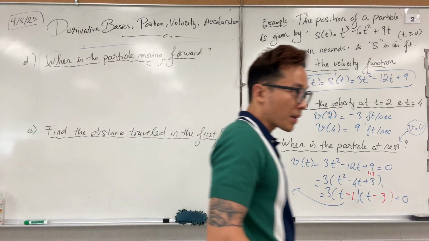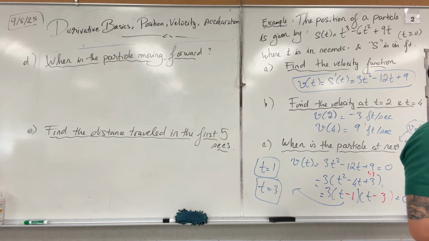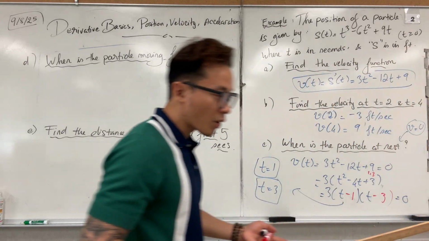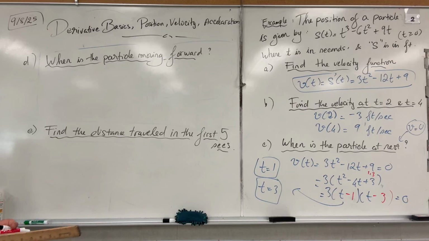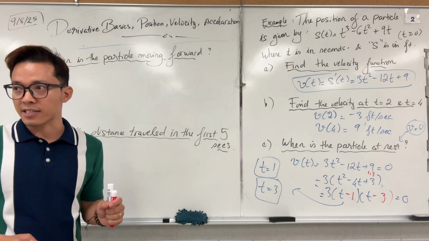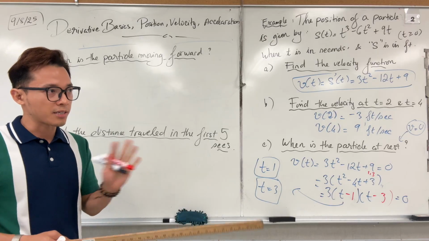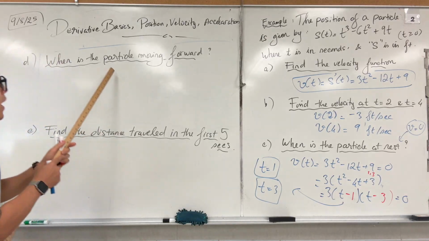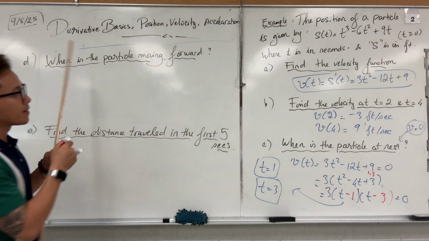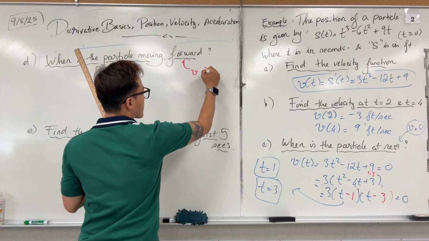If I'm going forward, my velocity is positive. But if I start going backward, my velocity is negative. So remember, velocity indicates direction, not just speed. So when the particle is moving forward, that means when the velocity is positive.